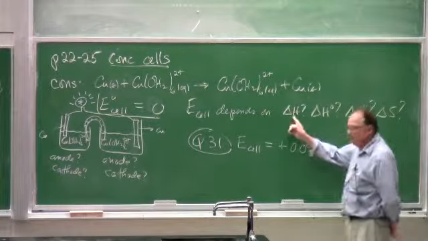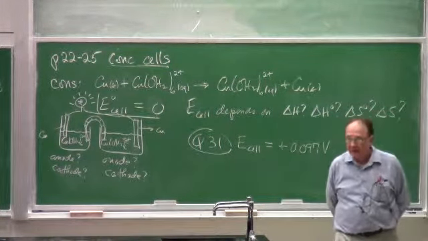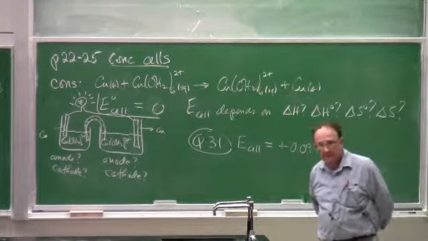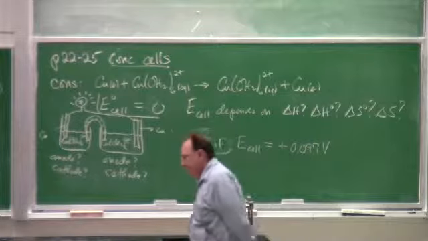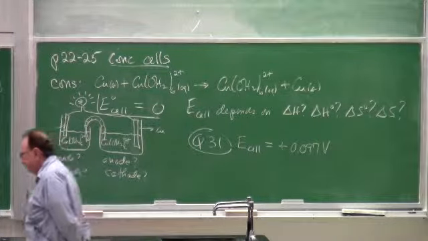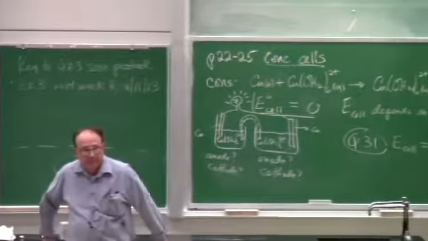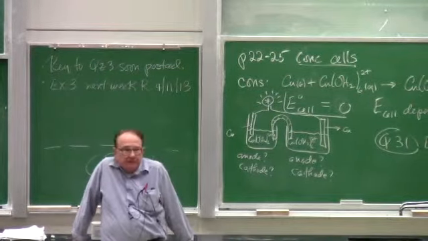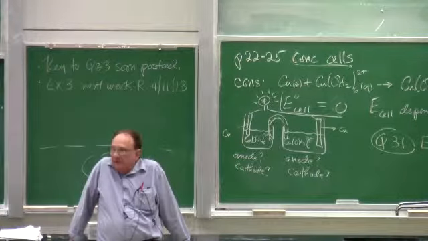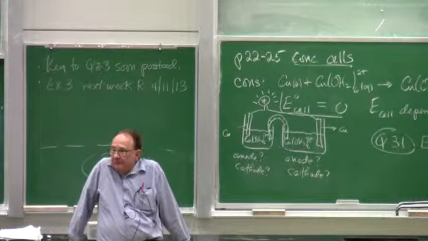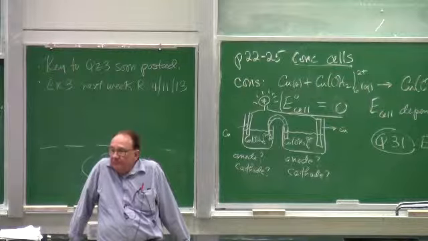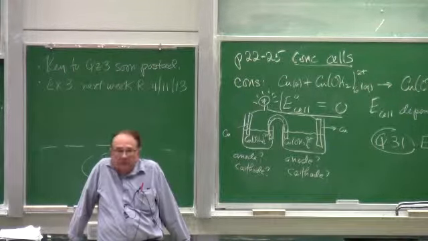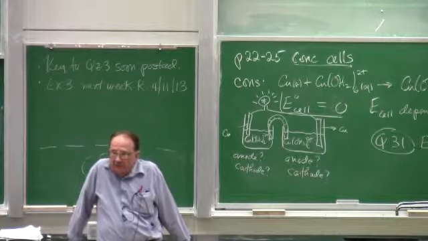Does it depend on delta H? Does it depend on delta H0? What does the measurement of delta H for a chemical reaction system tell us? Tells us about bond improvement or disimprovement, as the case might be. Exo, bond improvement; endo, bond disimprovement.